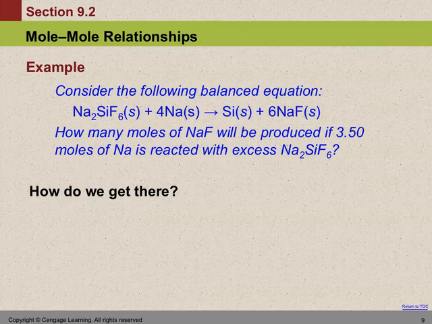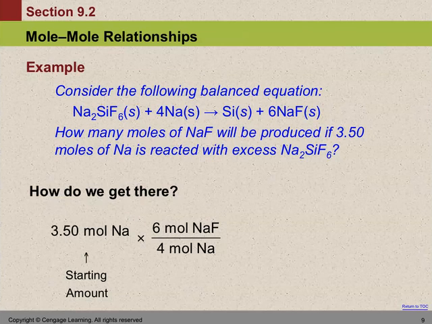So what do we do next then? We have a starting amount. We can multiply by the conversion factor, which is 6 moles of sodium fluoride per 4 moles of sodium. That's called the mole ratio.